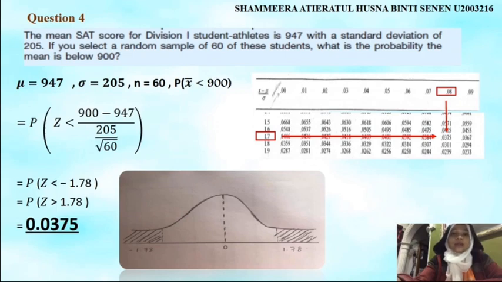So it will be P(Z > 1.78). If we refer to the normal distribution table, the value of 1.78 will be 0.0375, and that is the graph of the normal distribution, and the sketch shows the value and the shaded regions of the Z value for both sides.